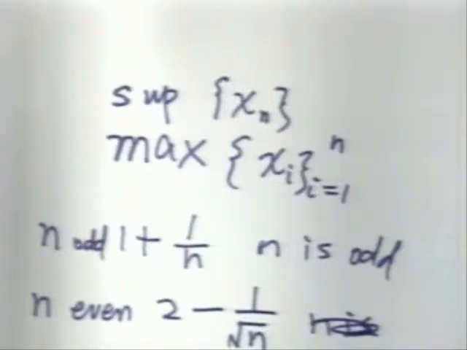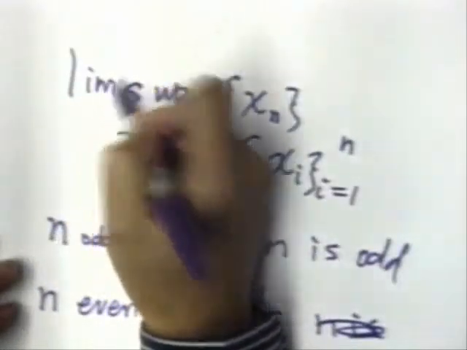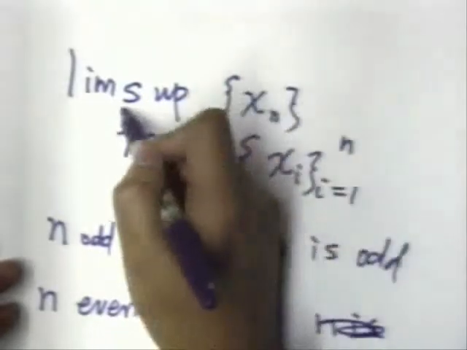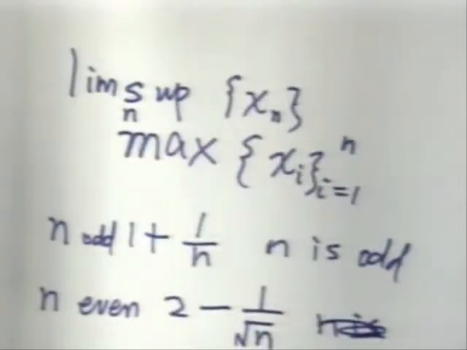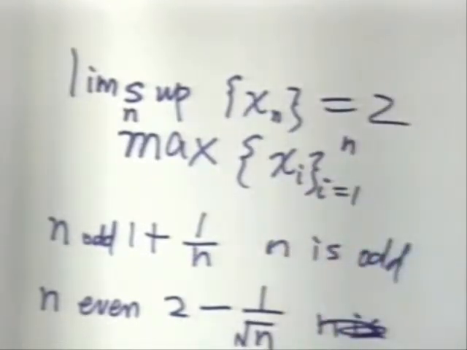Do you agree? It will never be 2 until n approaches infinity and takes even numbers. And in that case, how do we say that? For instance, we say the limit superior of this sequence is 2, right? This equals 2. Make sense?